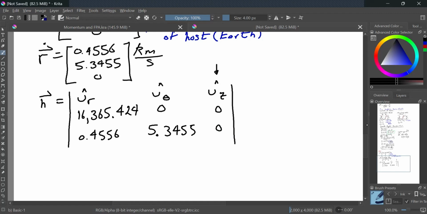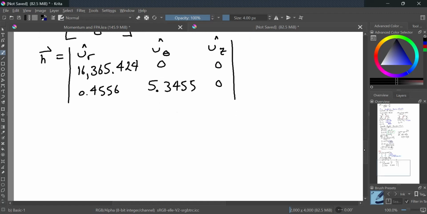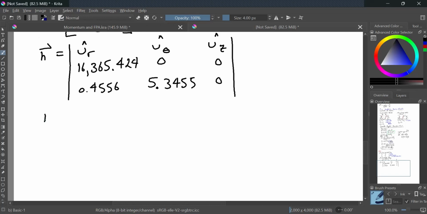But it is useful for afterwards, because so the u_r direction, we have 0 times 0 and 0 times 5.34, which is 0 minus 0.